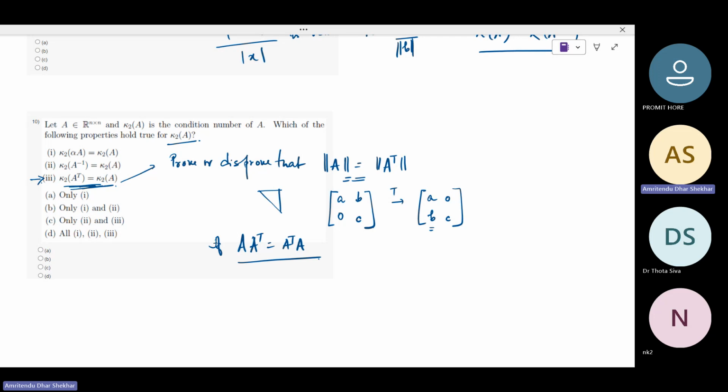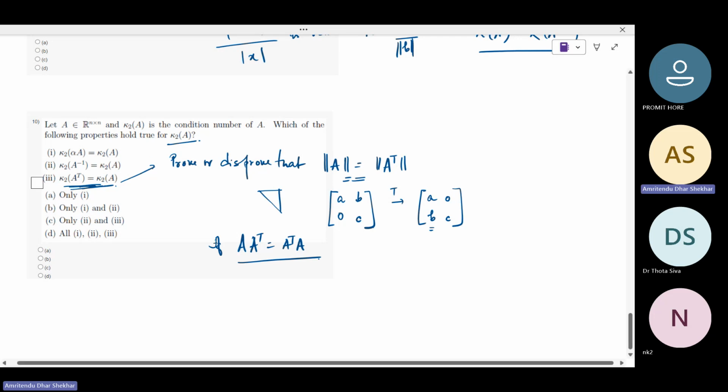This is kind of tricky. I think this could be true also.